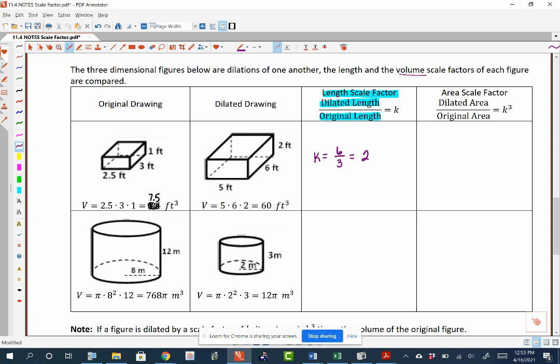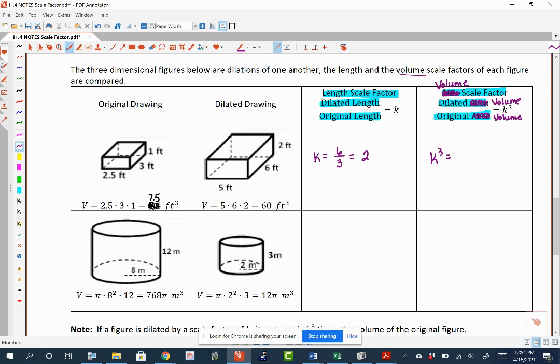Now I want to do the same thing for volumes, and you'll notice I've got a typo, so you're going to change this really quick if your copy says the same thing. This is supposed to say volume instead of area. So change those areas to volumes if yours doesn't say that already. The relationship for volume ends up being K cubed, because we know volume is in cubed units.